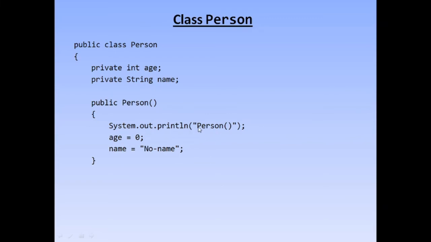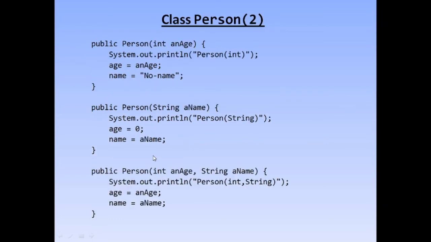It is just printing that person is called, and age is equal to 0 and name is equal to no name. Now in this case, as you can see, this person constructor has an integer argument, and that way it is initializing only the age attribute. Here it has a string argument, and it is initializing age to be 0 and name to be the name that is passed as an argument.